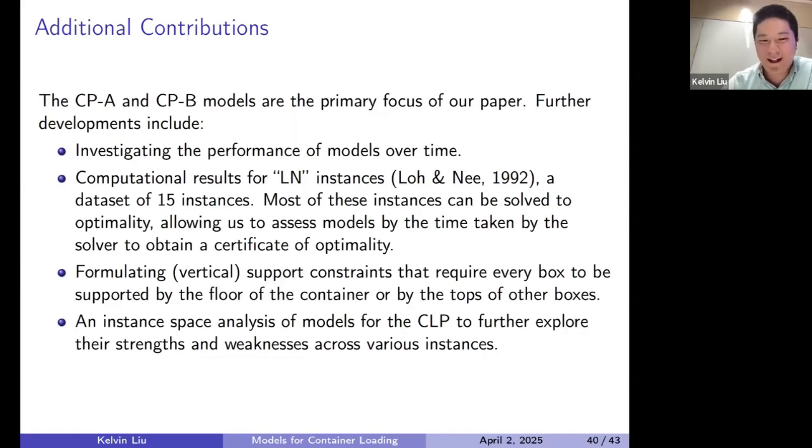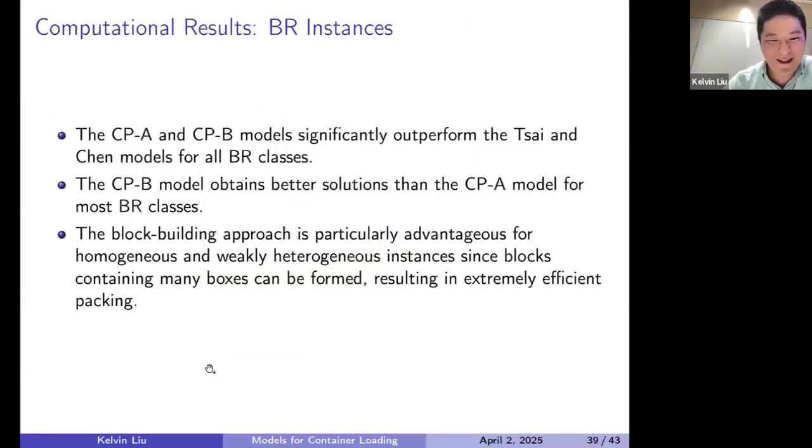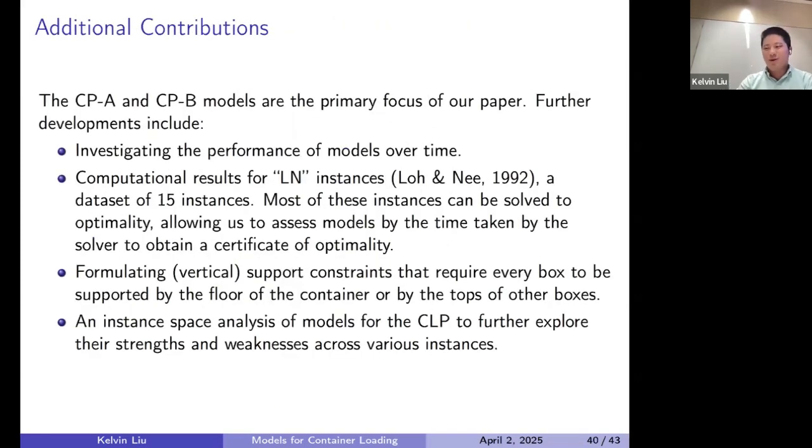We did find earlier that the CPB model was the best model for the vast majority of instances. However, by performing an instance space analysis, we can further investigate exactly what properties of instances make block building worthwhile, what properties make it not worthwhile, and so on. And also we can explore the diversity of our instance sets.